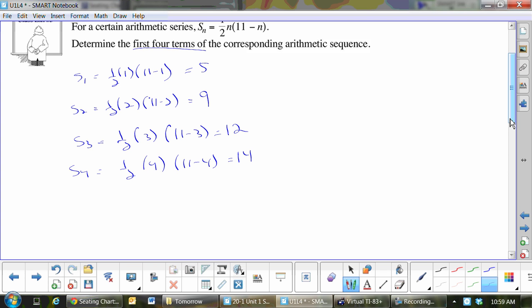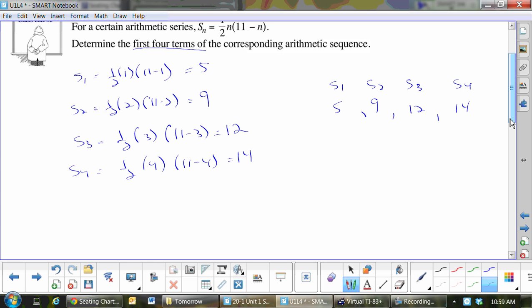Now I just want to be clear that we know this. S1 is 5. S2 is 9. S3 is 12. And S4 is 14.